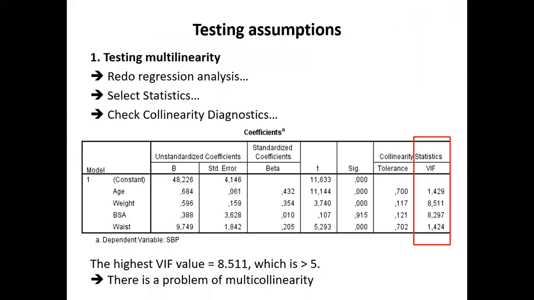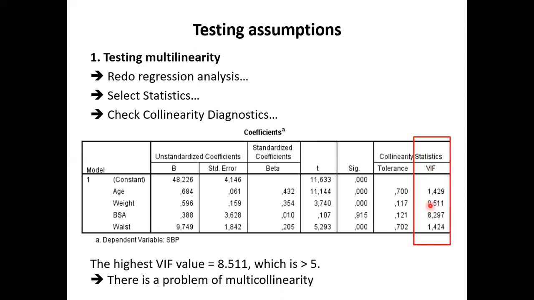All right. Next, testing the assumptions. Remember the assumption: there should not be multicollinearity. So we do this procedure, check this and just click OK. We look at the last column. That's the VIF.